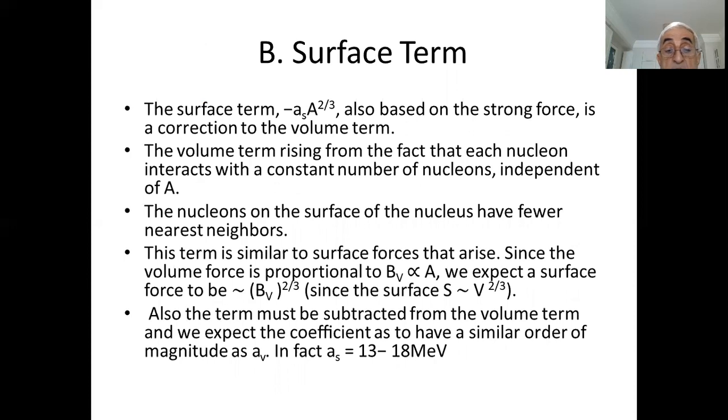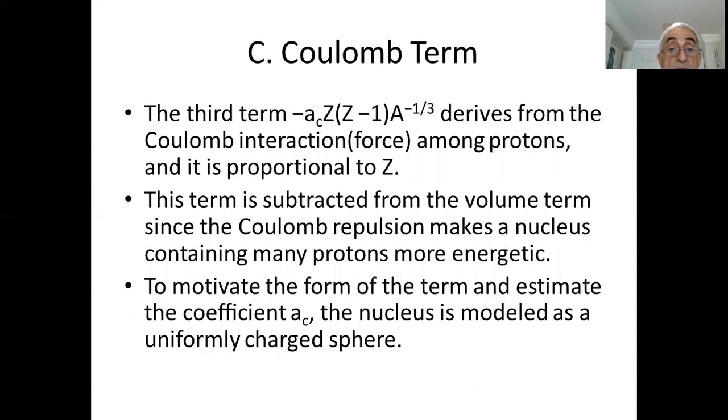This term is similar to a surface force that arises since the volume force is proportional to B_V, which is proportional to A. We expect the surface force to be proportional to A to the power 2/3, since the surface is equal to volume to the power 2/3. Also, the term must be subtracted from the volume term, and we expect the coefficient to have a similar order of magnitude as a_V. So a_S is about 13 to 15 megaelectron volt.